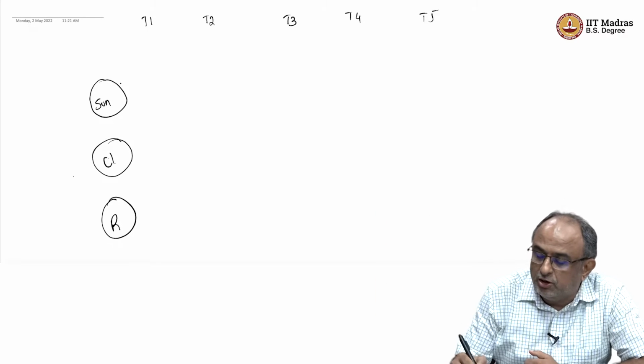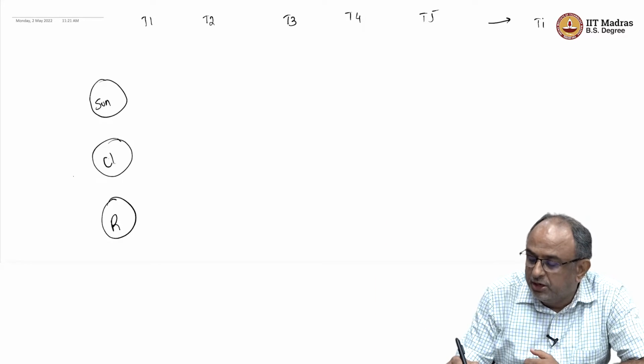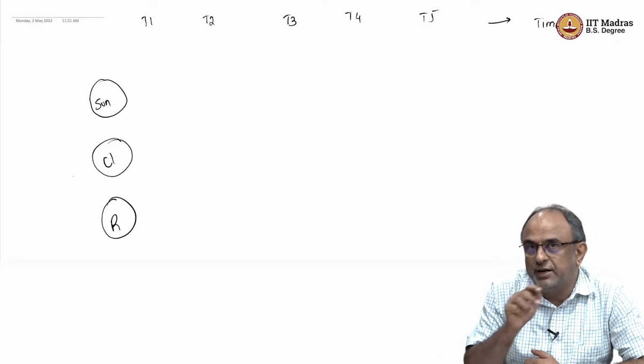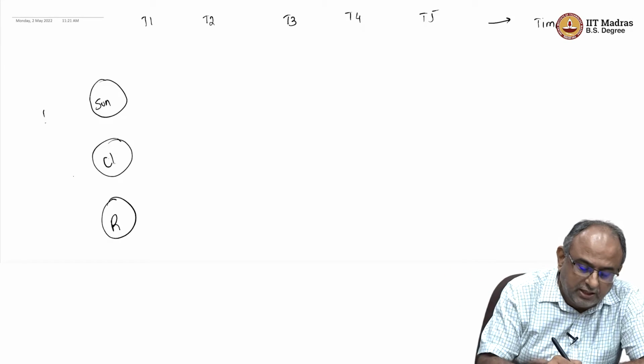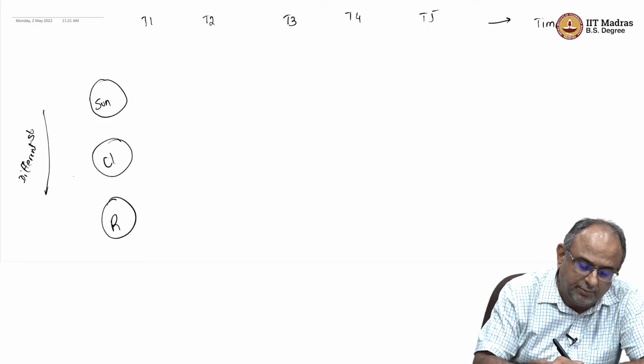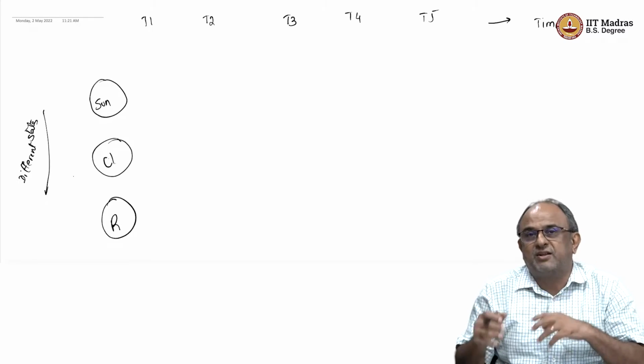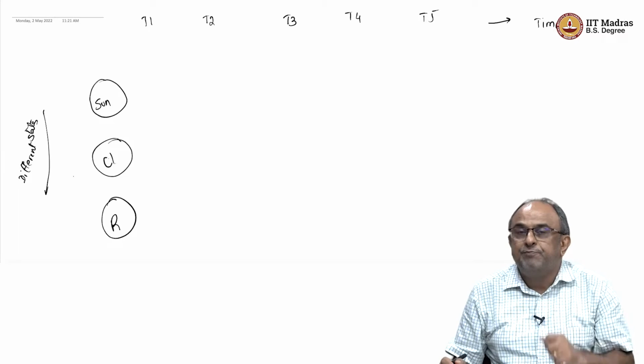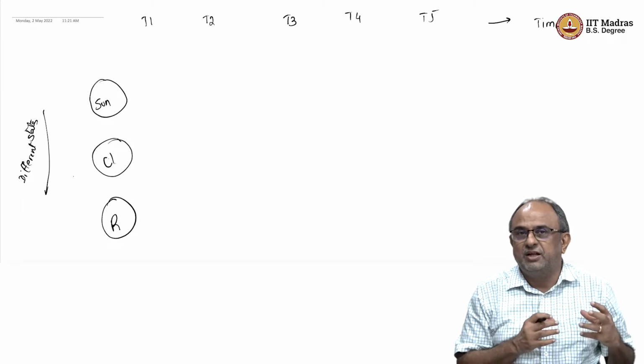Along this direction is usually what we call time, the evolution along time, and these are the different states that we are modeling, right? These are the events that occur one after the other, and so it can be the weather like sunny, rainy, cloudy.